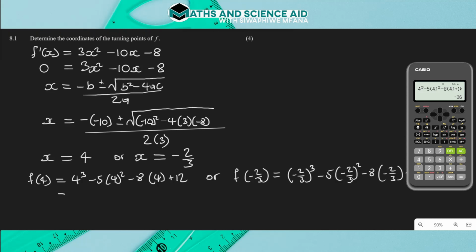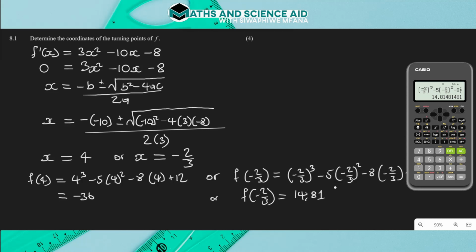So this gives us negative 36. While on the other end, let's do the substitution for that. So I'll just replace 4 with negative 2 over 3. So for this one, we are getting 400 over 27, which is 14.81.